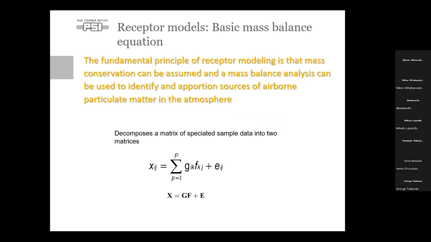So receptor models, regardless of the type, all use the same mass balance equation, and all of them use the same fundamental principle, which is that the mass is conserved. As we discussed at the beginning, the sum of the sources produce parts of the PM mass, and summing them, we have the entire PM mass.